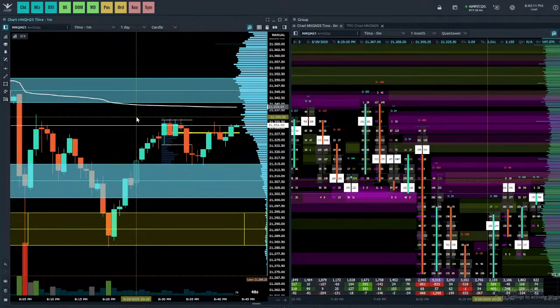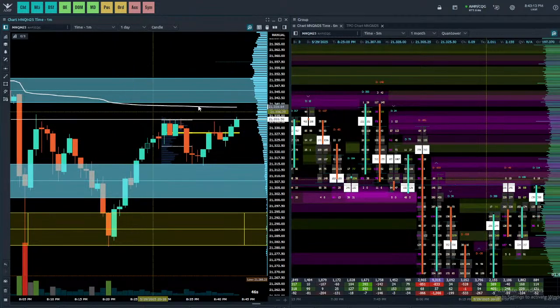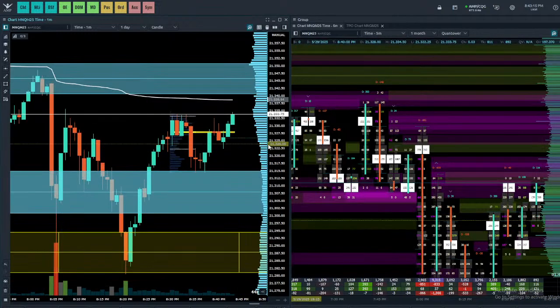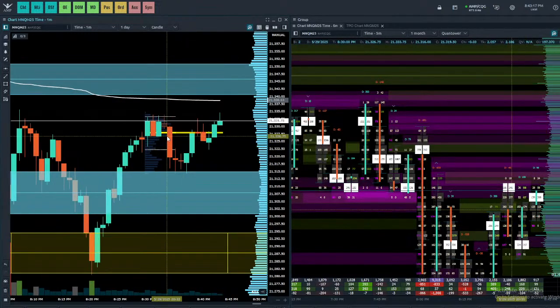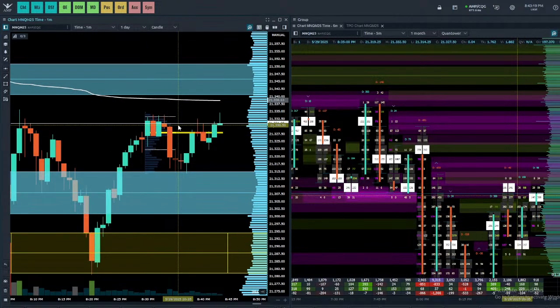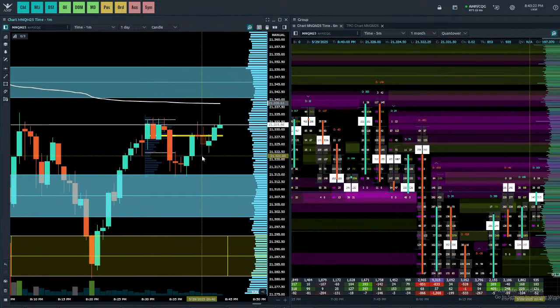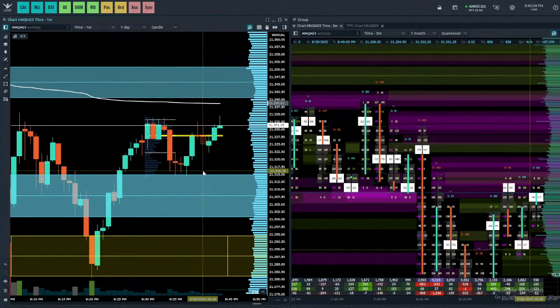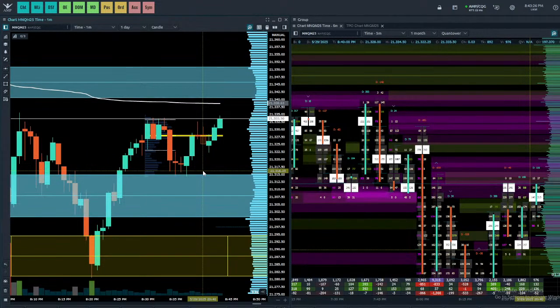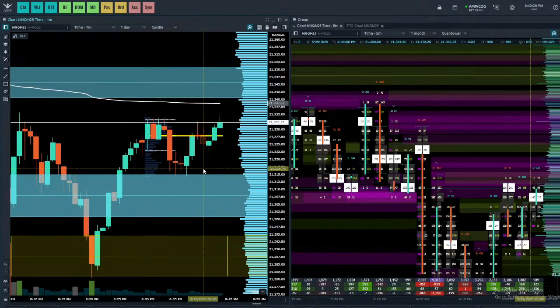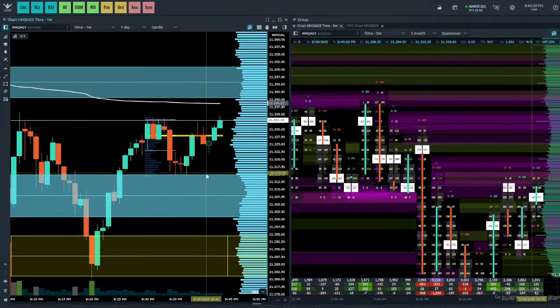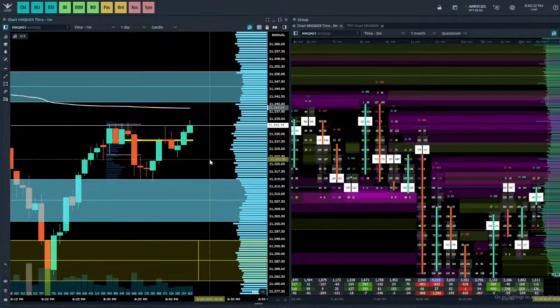I keep trying to see the AMD play right here. This would have been the AMD play right here. You got some gold scalps, some gold contracts. Yeah, I see what I'm saying though.